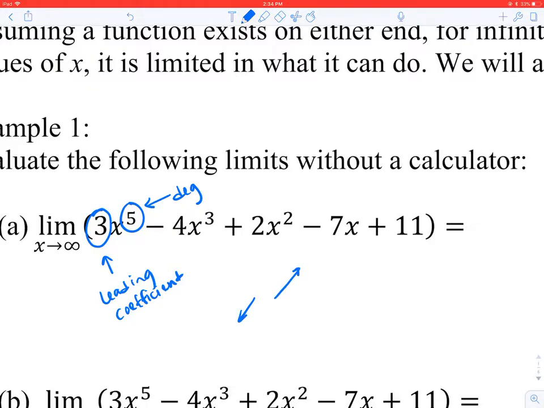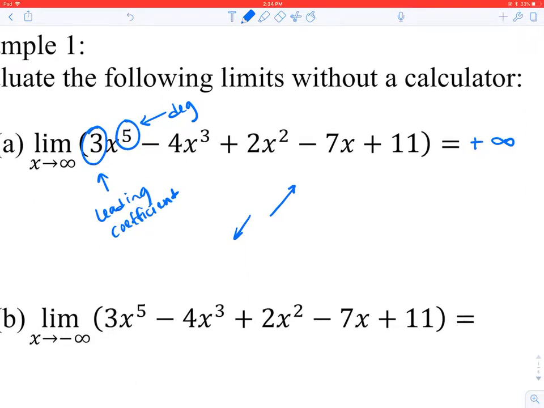Meaning, as x approaches positive infinity, the function will end up also approaching positive infinity. And then as x approaches negative infinity, the function will also approach negative infinity.